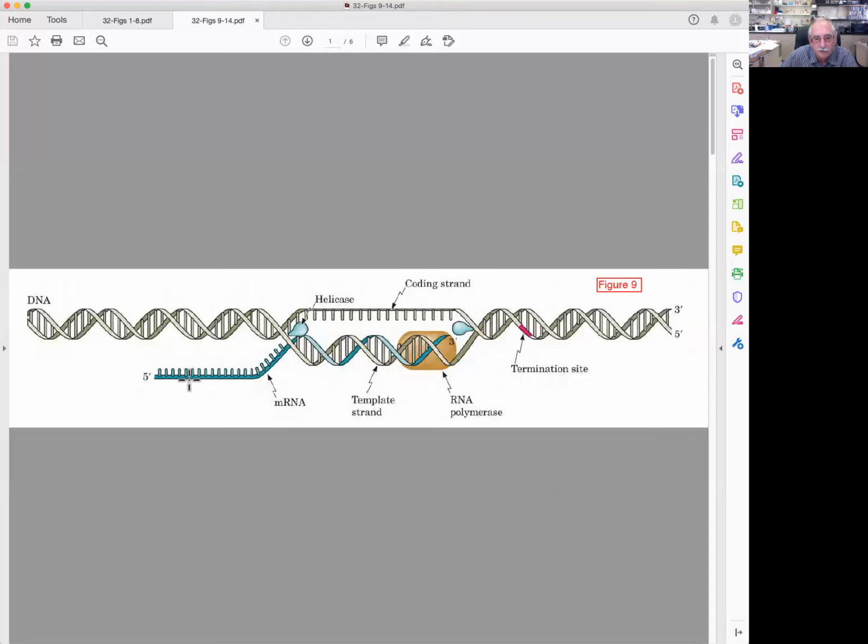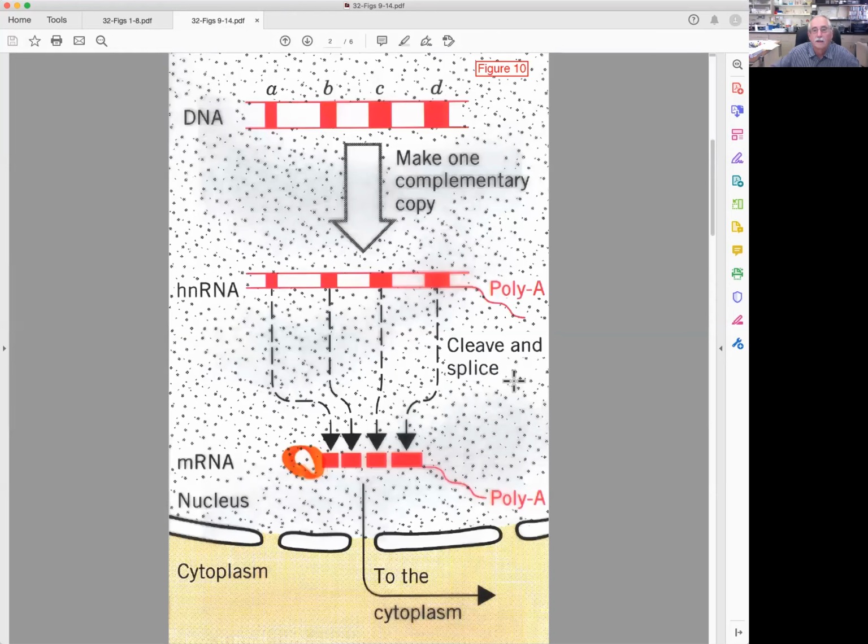So here it shows you the messenger RNA. Here's RNA polymerase going in the 5' to 3' direction. Okay. Termination site, that's the stop codon. Stop codon in the DNA. So here is a gene and a bunch of introns in there.